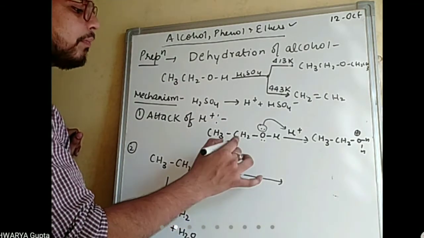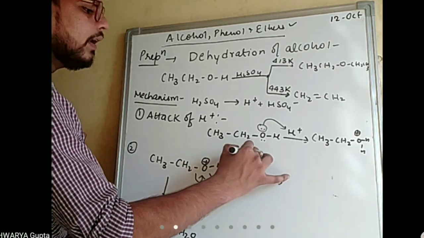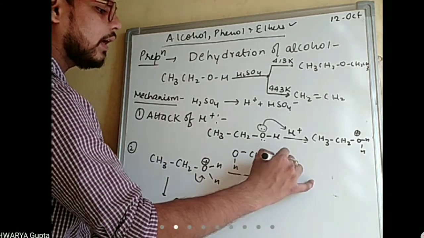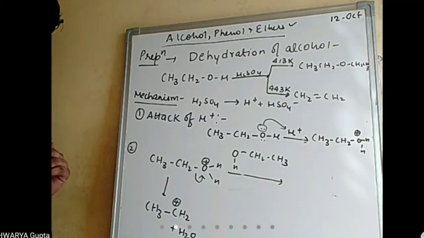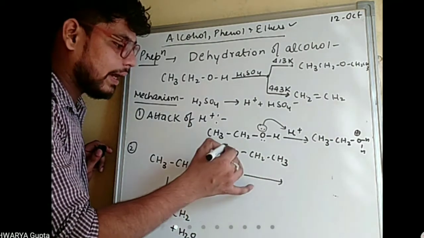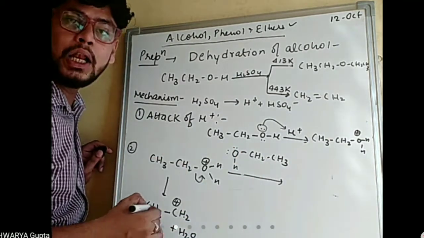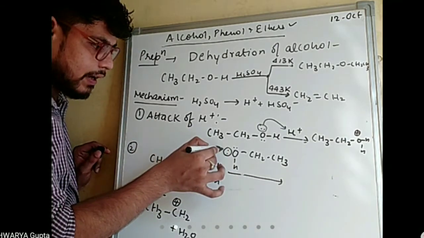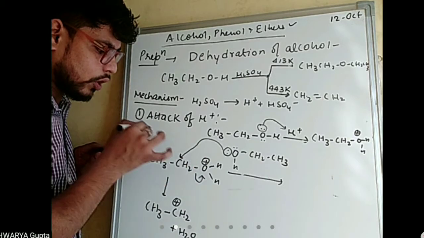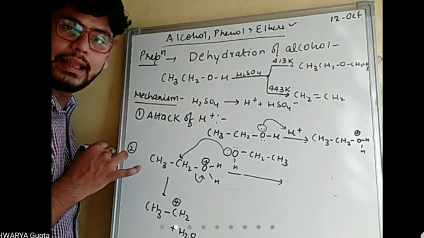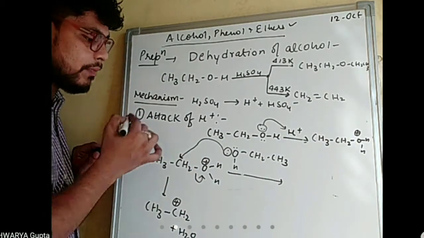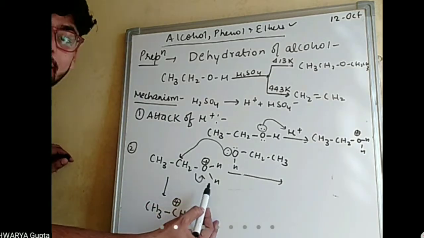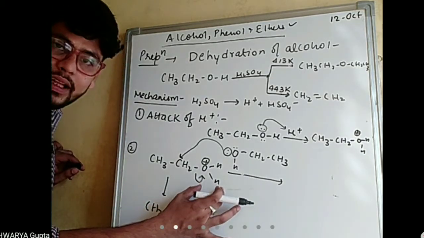At the same time, there may be an alcohol particle, and the lone oxygen of this alcohol particle, which is electron rich, can attack this carbon atom. At the same time, there will be removal of this H2O.